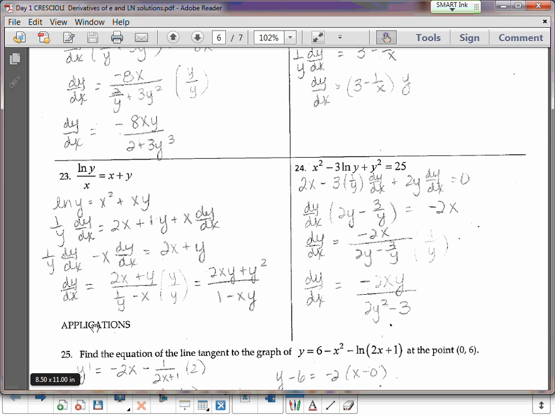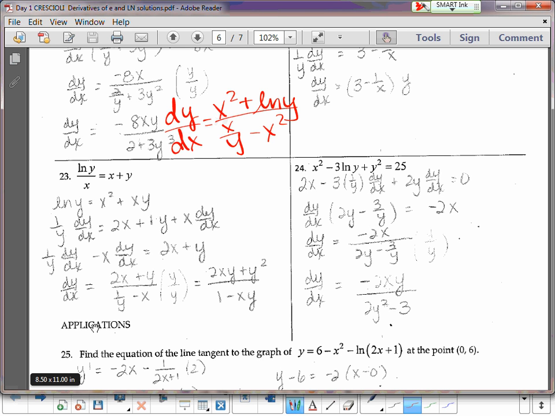Alright. So if you were to do quotient rule, you would have ended with x squared plus natural log of y over x over y minus x squared. But we can't have those complex fractions, so just like here, to get rid of that complex fraction, again, we know that we can get a common denominator and then multiply by the reciprocal.